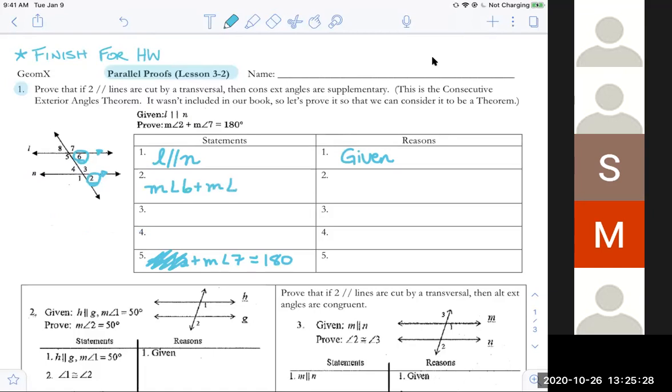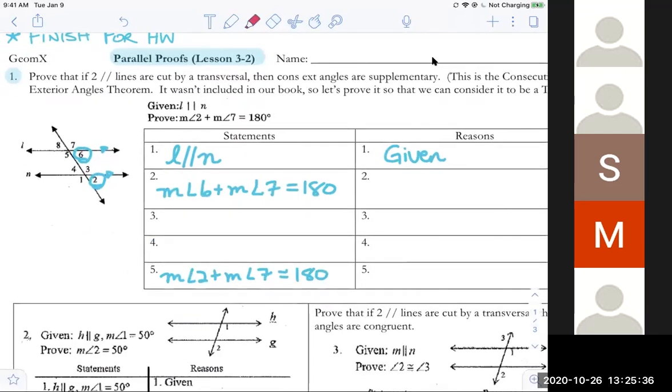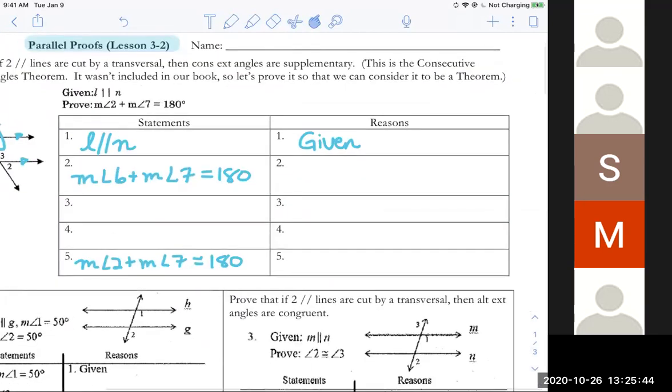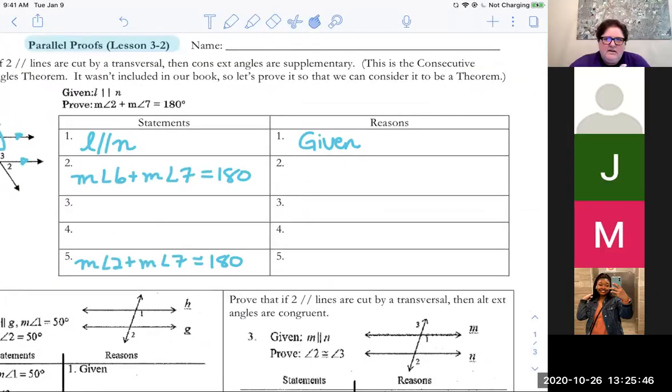Is that true? So look at the picture. Why is it true that when you add 6 and 7 together, you get 180? Because they're a linear pair. They're a linear pair. So do you know what you write for the reason? Would it be like a definition of a linear pair? It's not the definition, because you're not just saying that 6 and 7 are a linear pair.